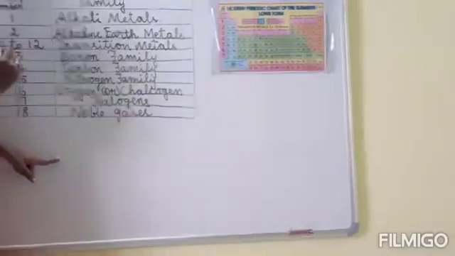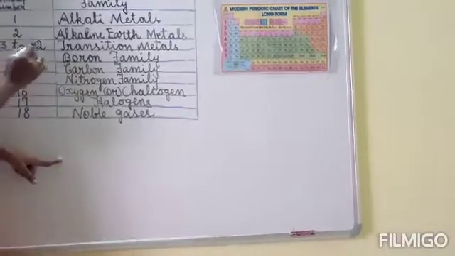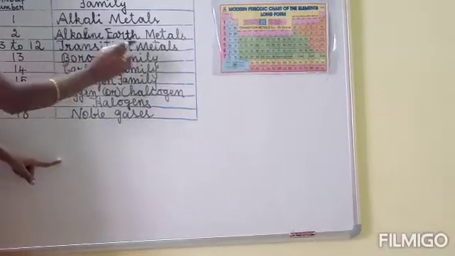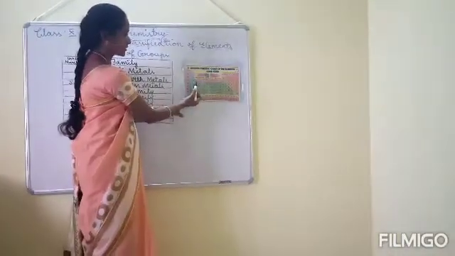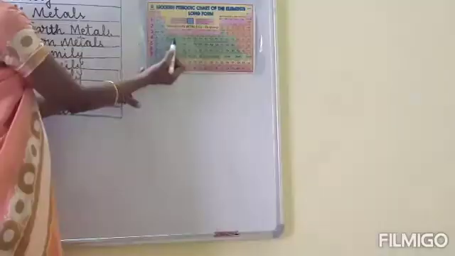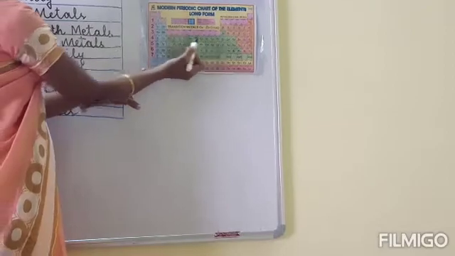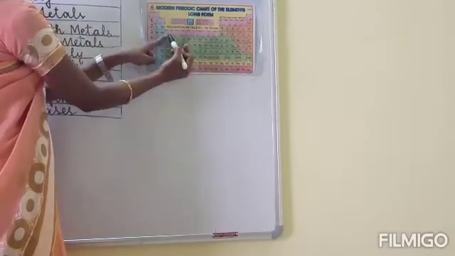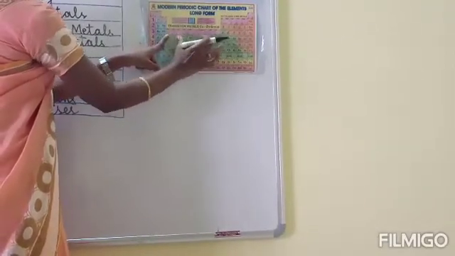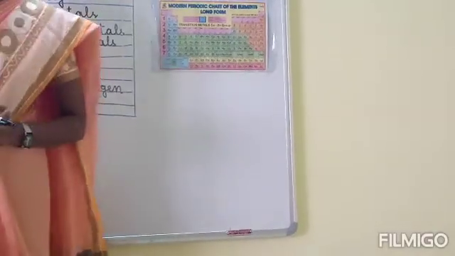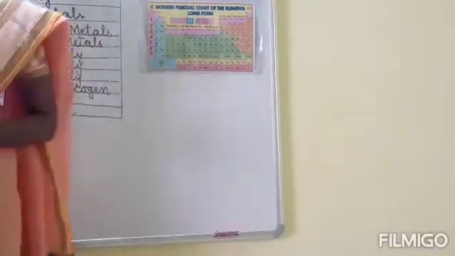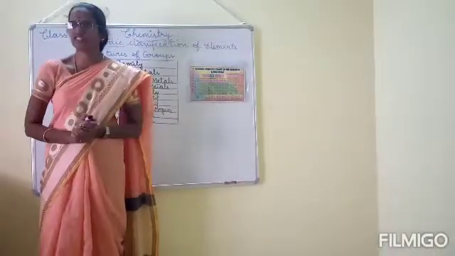Next, group 3 to group 12 are called transition metals. Where is group 3? This is group 3, then 4, 5, 6 up to 12. These elements are called the transition elements. These transition elements are heavy metals.